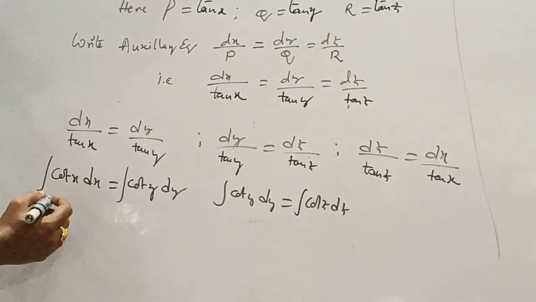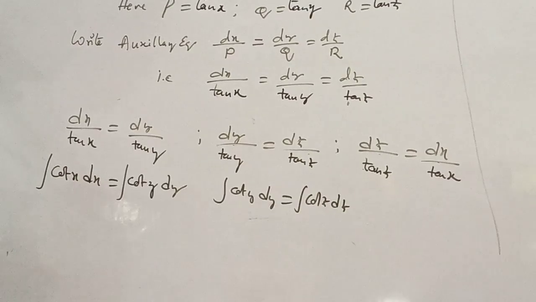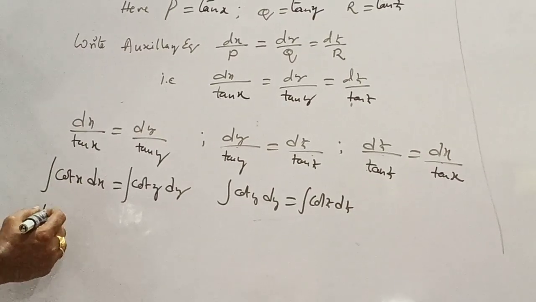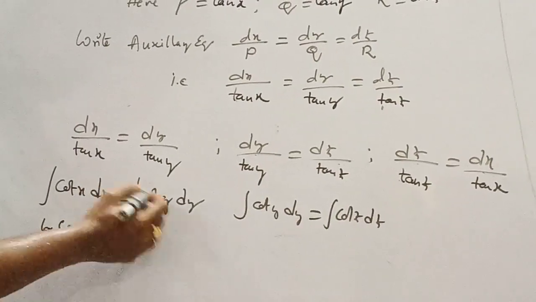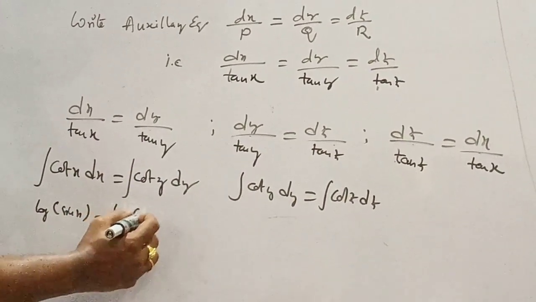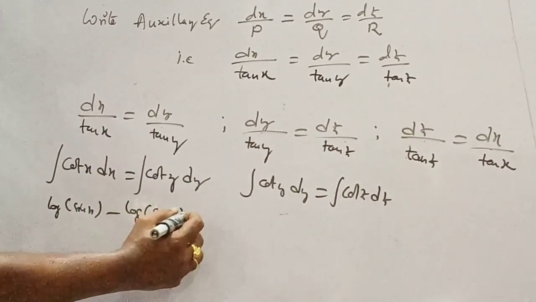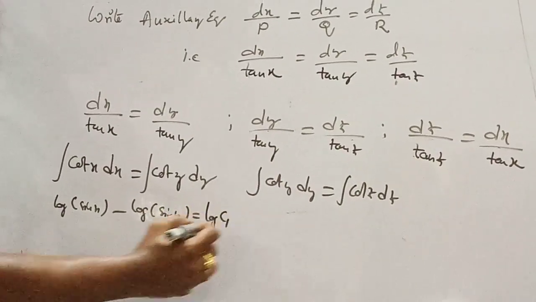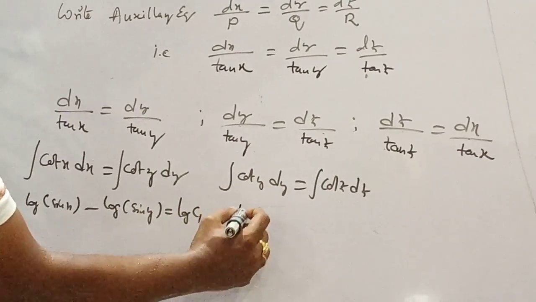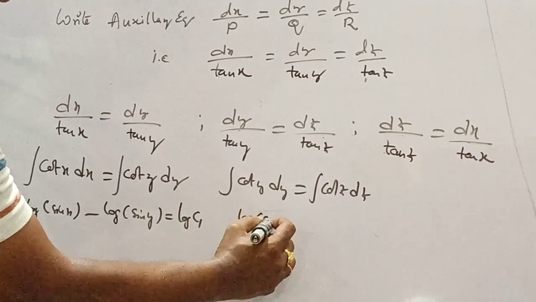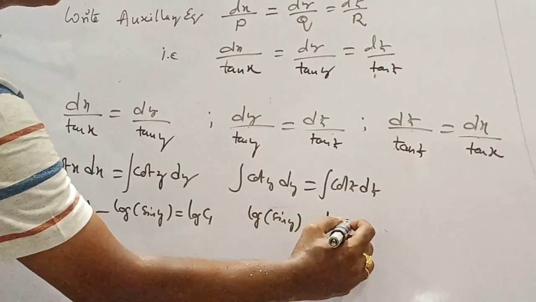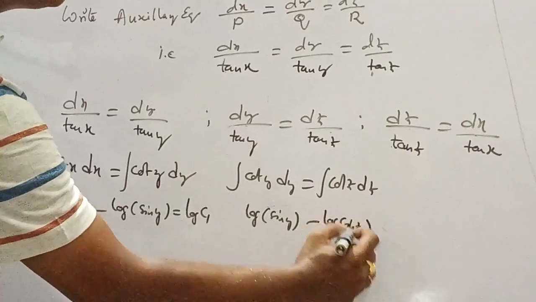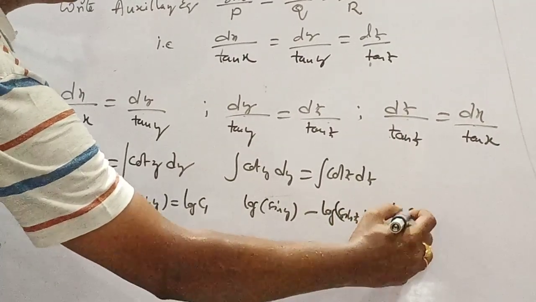The integral of cot means cos by sine, so this is log sin x. Take this side: log sin y equal to log c1. Here also, log sin y minus log sin z equal to log c2.